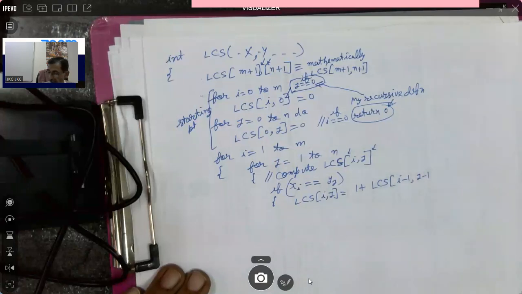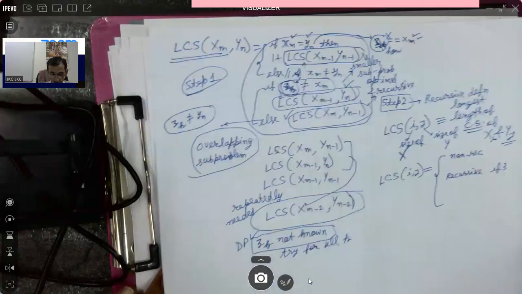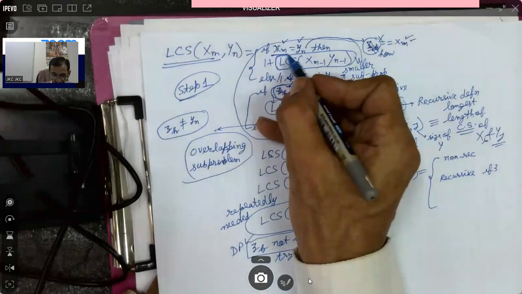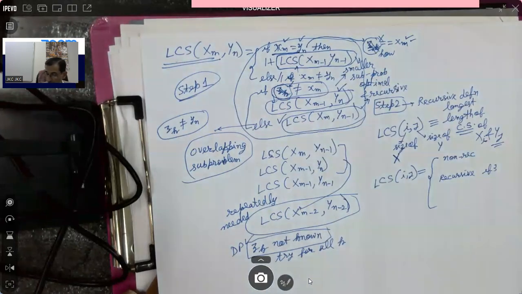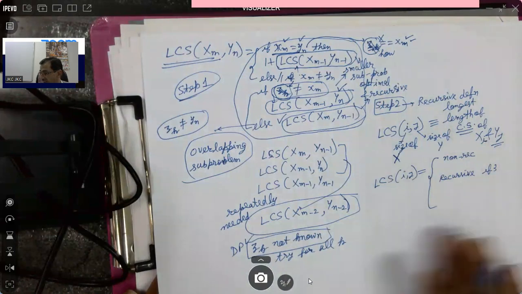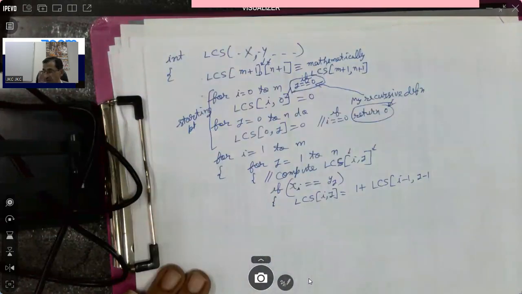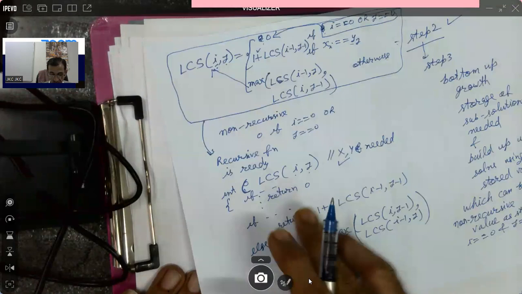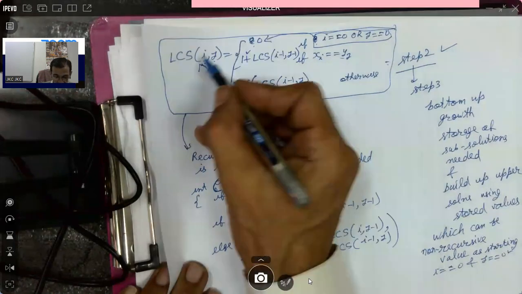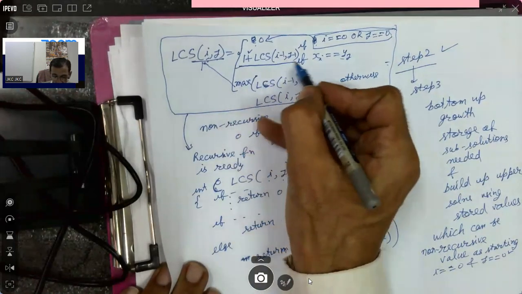Why am I saying this? I'm just putting the same definition which we have defined earlier. Remember, if x_m equal to y_n, I said LCS of i, j equal to 1 plus this.